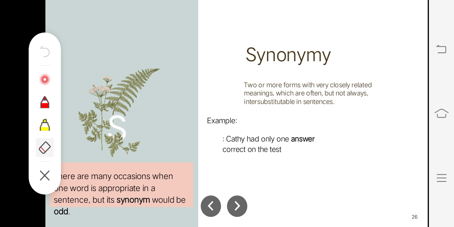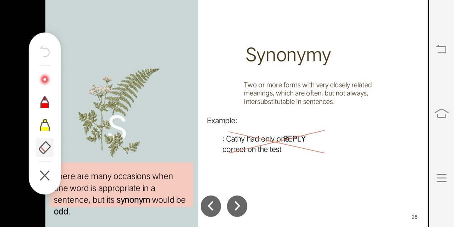If we replace the word answer with its near synonym reply, it would sound odd, right?